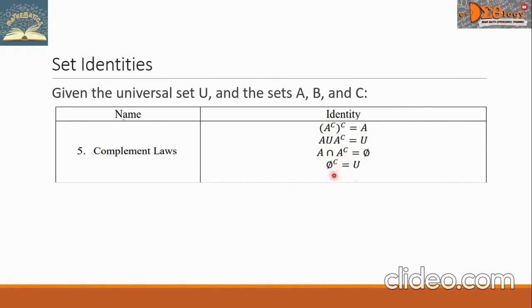The complement of the null set equals the universal set. The complement of universal set equals the null set.